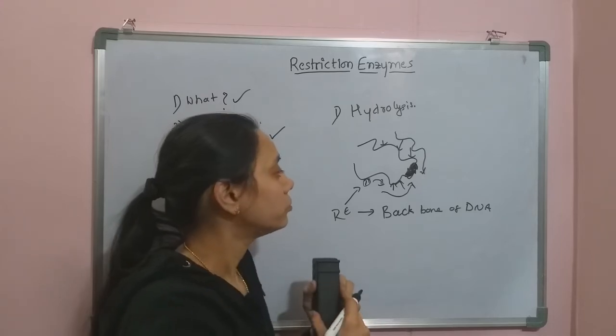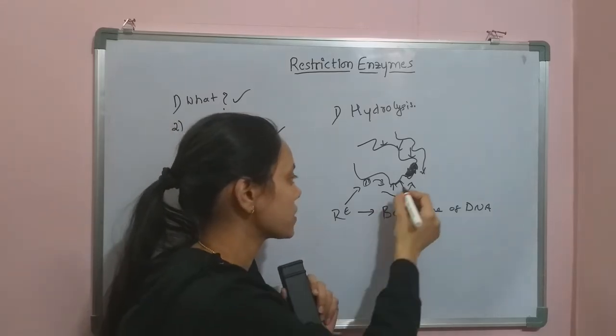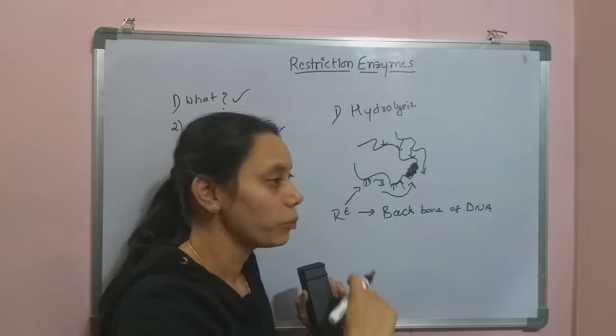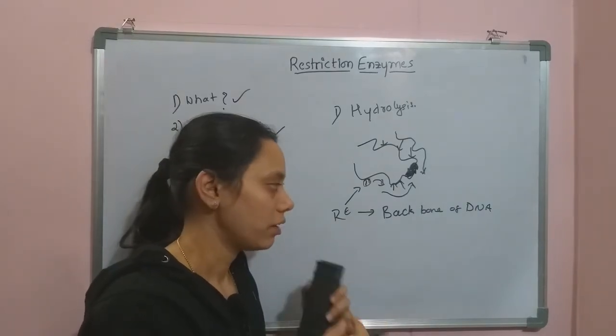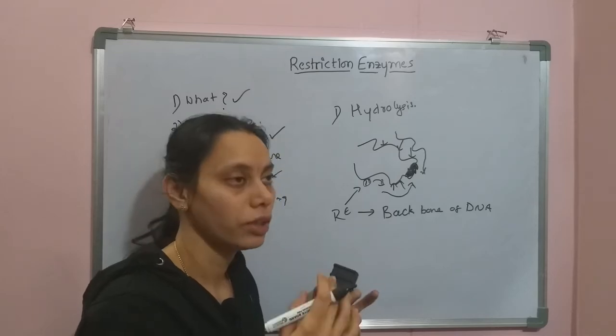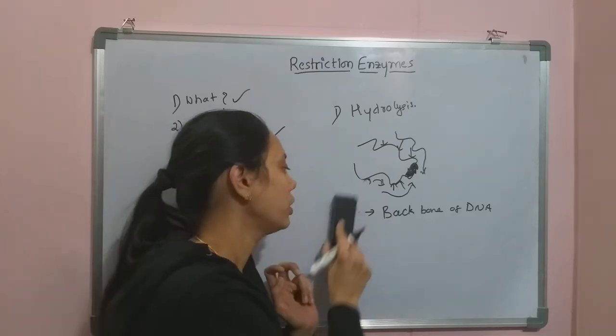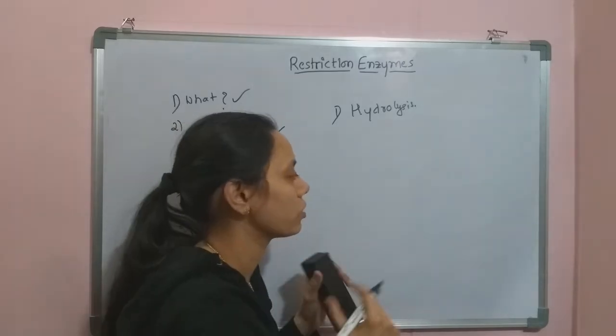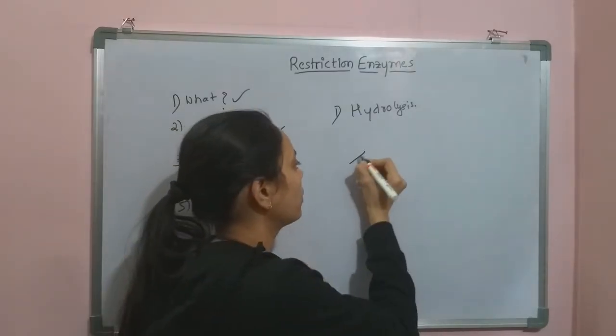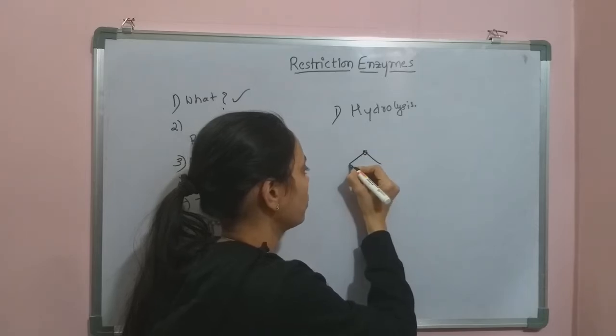So here these restriction enzymes will be activated once they reach the recognition site, and once they are activated they make cuts. So here, as we already discussed, the process is nothing but hydrolysis. Okay, let us draw the structure of the DNA.